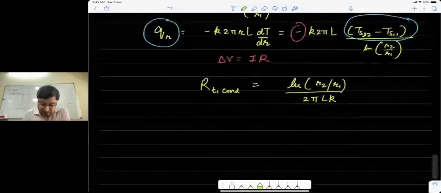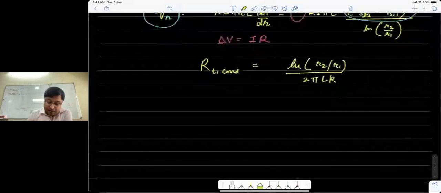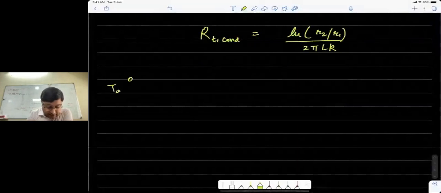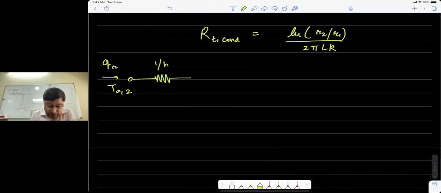Okay. So what was I saying? Yeah, so we can now calculate the rate of heat flow in this system using the same electrical circuit analogy. We can write the circuit as, let's say, starting from T infinity 2 and heat current Qr flowing through the circuit. The first resistance that you will encounter will be the convection resistance, 1 by h2 A2. Now remember that the area is also changing here.